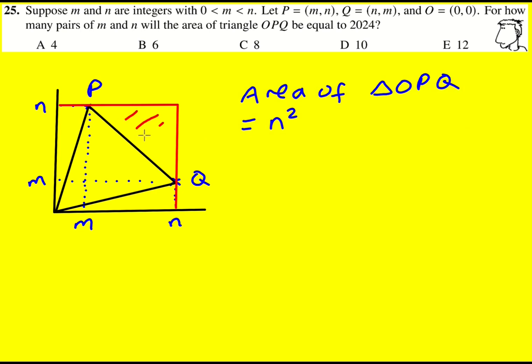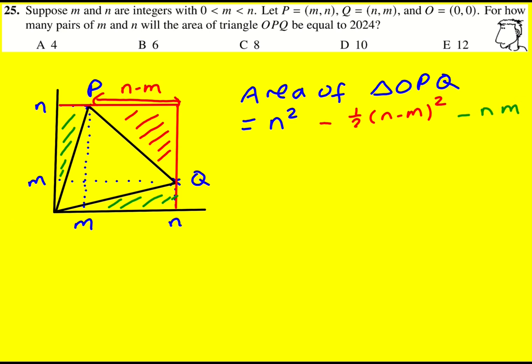Then I'm going to start subtracting amounts. For example, this length is n minus m, and the same for the height, so I can subtract a half (n minus m) squared. The green areas are the same, and between them they form a rectangle with a base of m and a height of n, so I can also subtract nm.